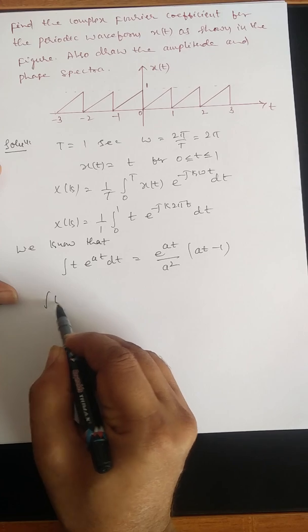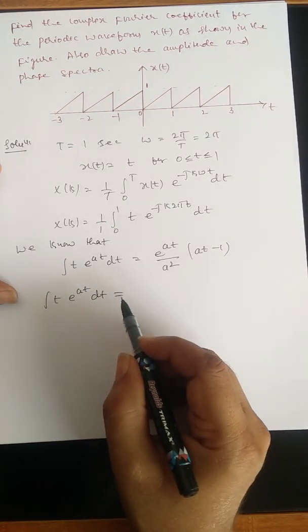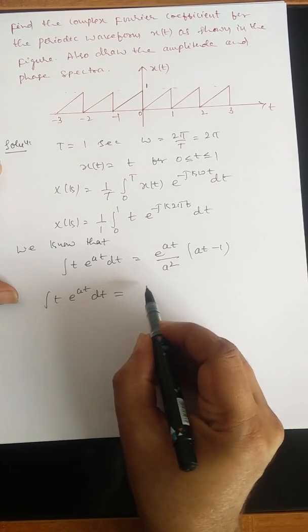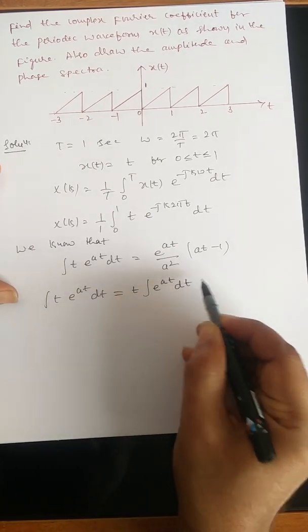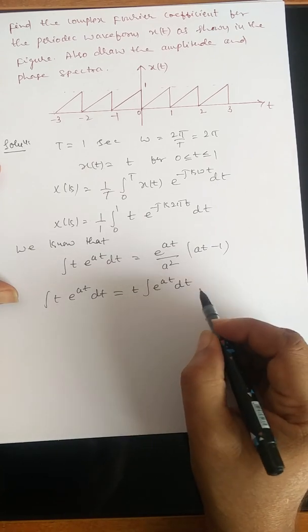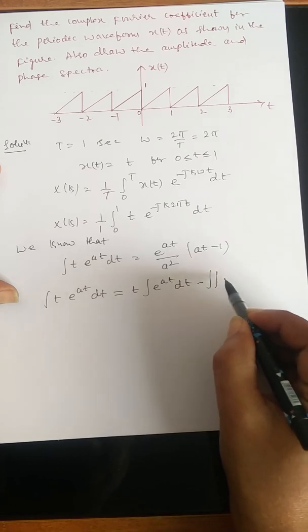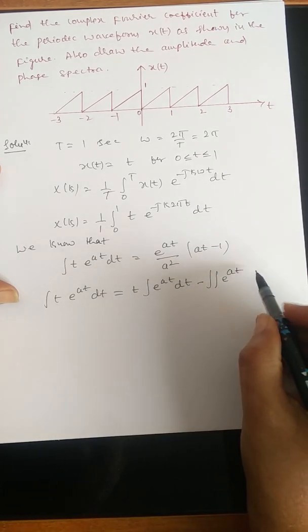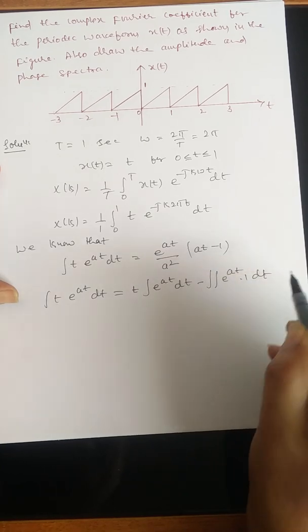That is the integral of t e to the power of at dt. Apply the product rule in the integration. That is t times the integral of e to the power of at with respect to t, minus the integral of e to the power of at times the differentiation of t, which is 1, dt.